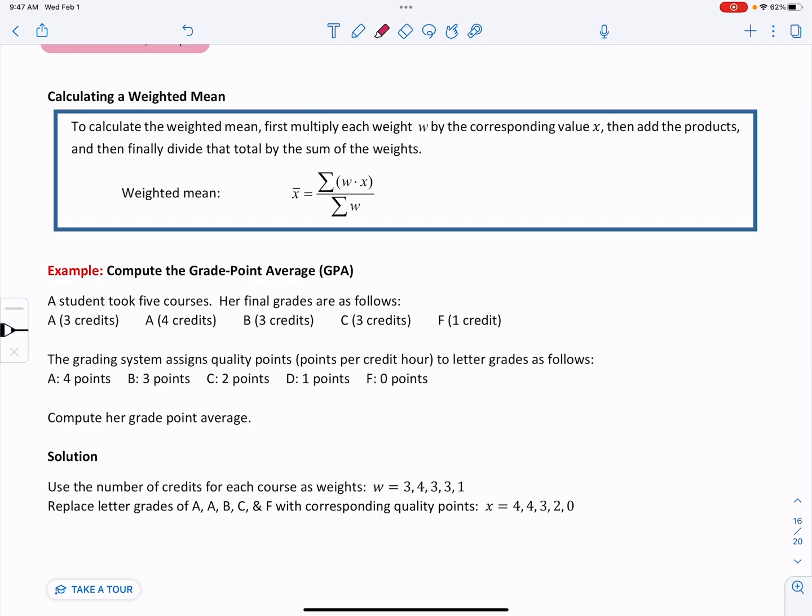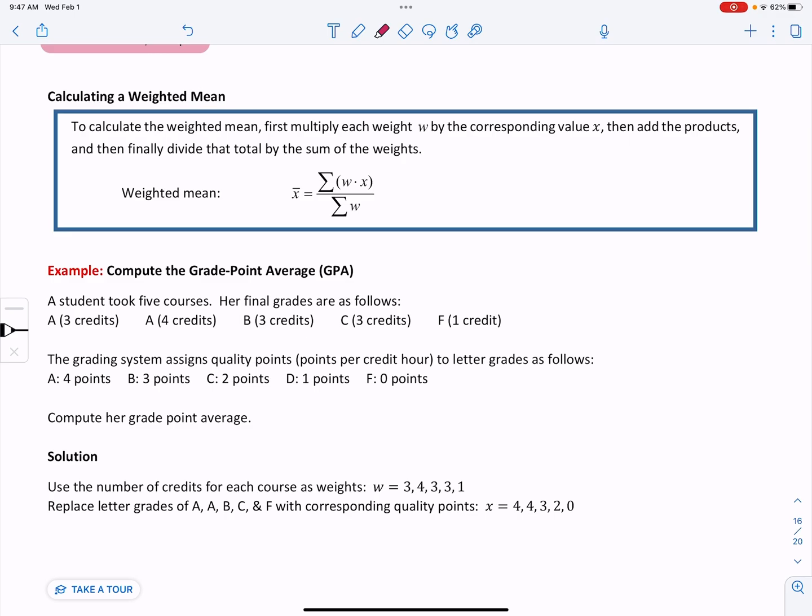The last thing we need to take a look at is calculating a weighted average or a weighted mean. A great example of using weighted means happens when your GPA gets calculated. Not everything counts the same. So if you get an A in a course, it counts heavier toward your GPA than other ones.